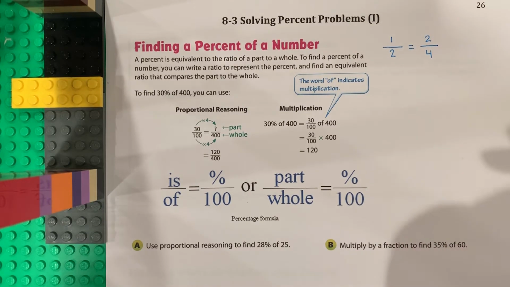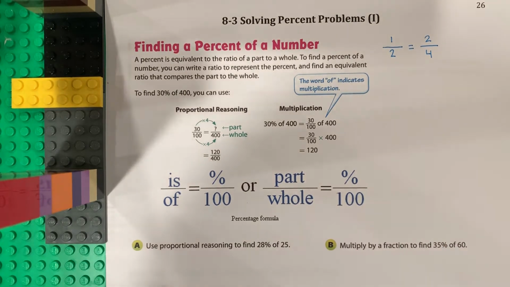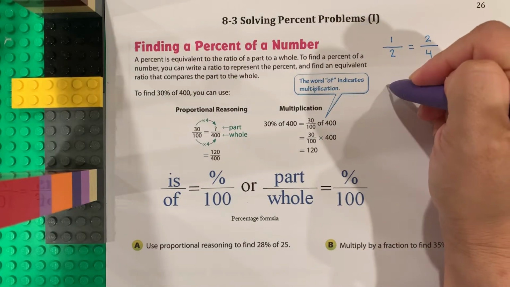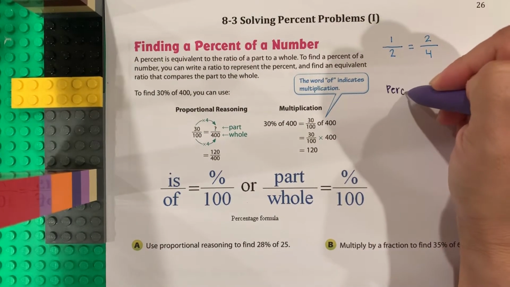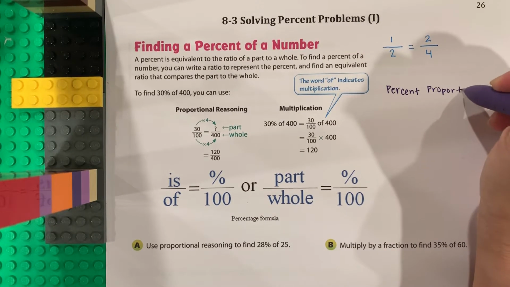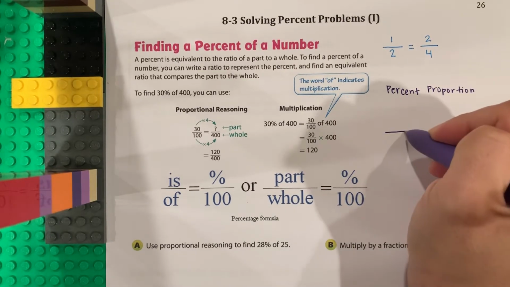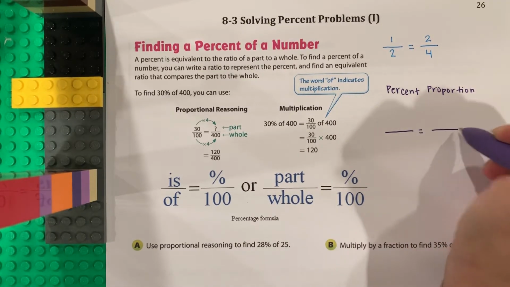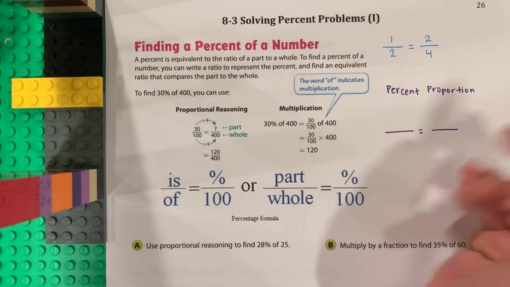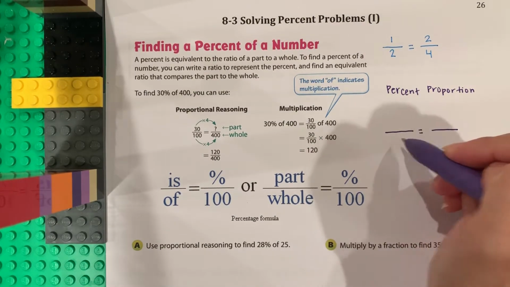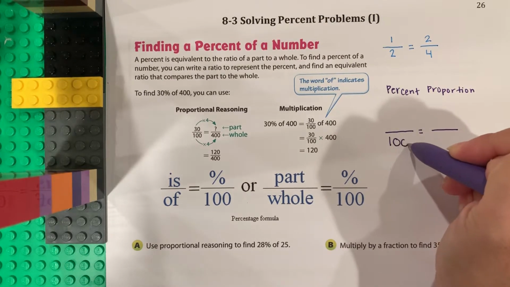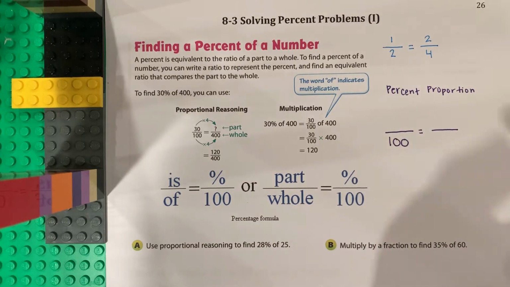So for percent problems, there is a percent proportion, and this is what a percent proportion looks like. You have two ratios that are equivalent to each other, and I like to have the percent information here. In a percent, your denominator, your total percent, is always going to be 100 because this represents 100%.